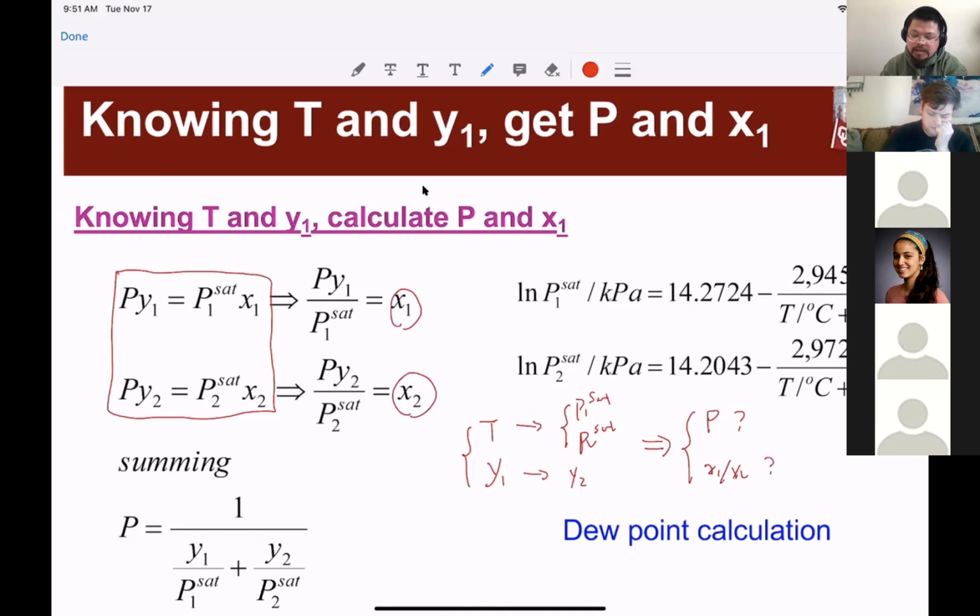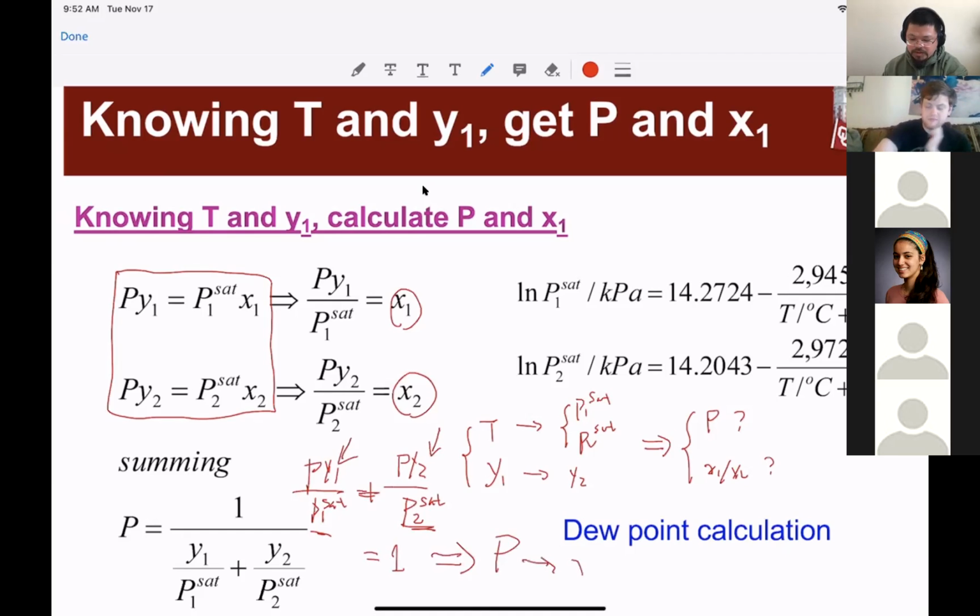Then by adding the two equations on both sides, you have P Y1 over P1 sat plus P Y2 over P2 sat, and that equals 1 because X1 plus X2 is always 1. We know P1 sat, P2 sat, Y1, and Y2, so we can solve for P total. Then just pick either of the two equations, and you are able to solve for X1 and X2.